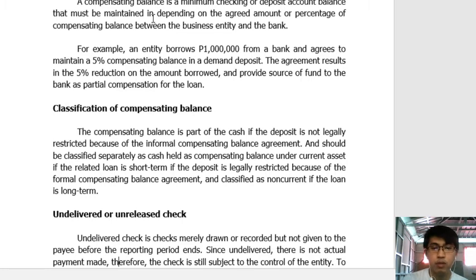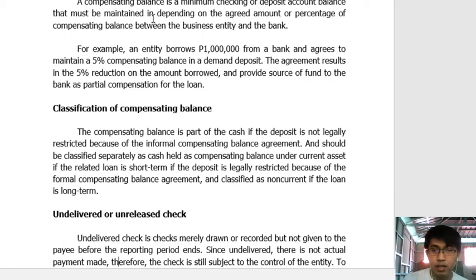Ano ibig sabihin ng legally restricted? Normally, merong agreement between the business entity and the bank na ito yung compensating balance agreement. Pwede kasi na yan ay may garnish, pwedeng yan ay ma-freeze eventually. So kung walang mga legal restrictions related to the compensating balance, ay pwede yan i-classify as cash.